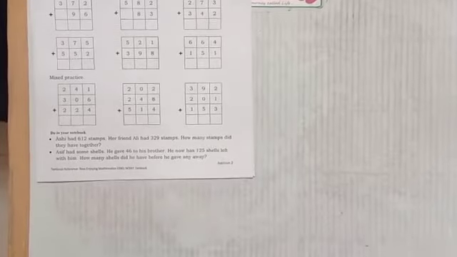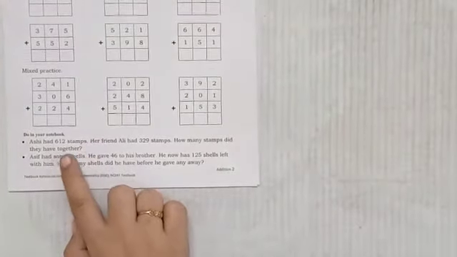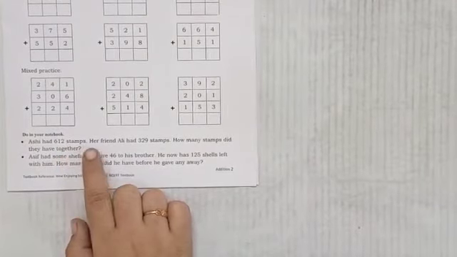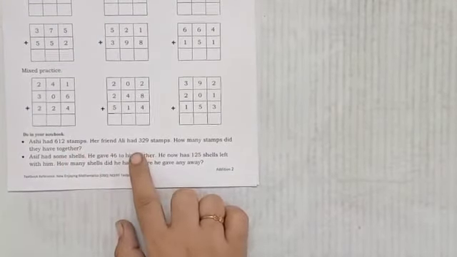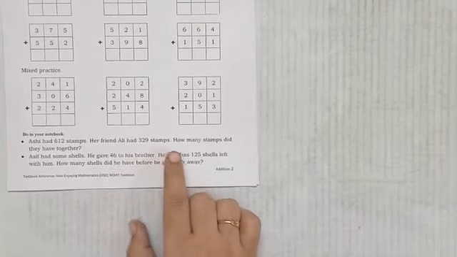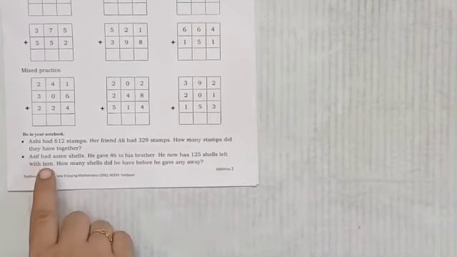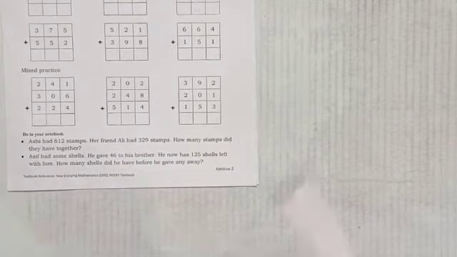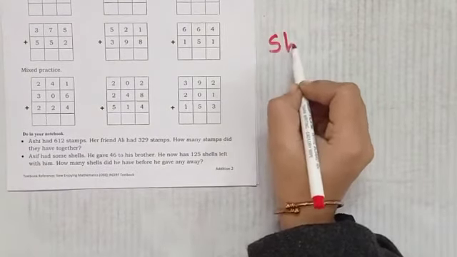See, this one you have to do in your notebook. Ashi had 612 stems. Her friend Ali had 329 stems. How many stems did they have together? So you have to write like this.